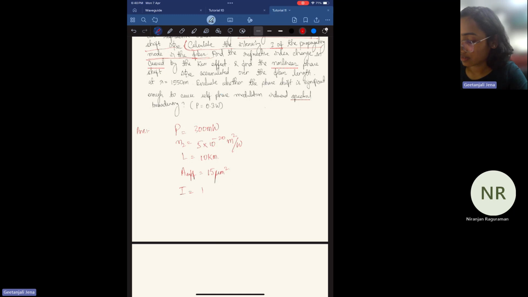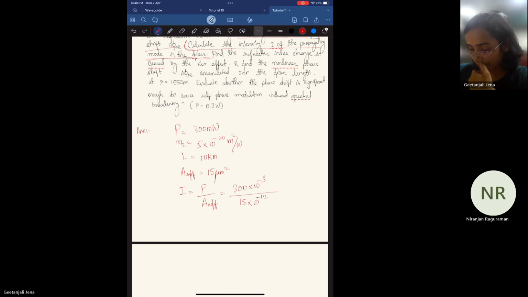So I will be P by A effective, which will be 300 into 10 to the minus 3, A effective is 50 into 10 to the minus 12. So this will come around 2 into 10 to the 10. So this is for the intensity, which is more straightforward.